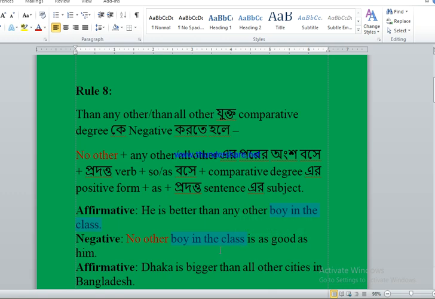That means the rest of the part after "than any other", then you will use the verb, then the formula "as... as" and the positive form of the degree, "good". Here good is the positive form of better. Okay, I think you are clear.